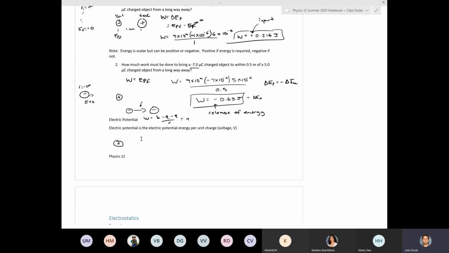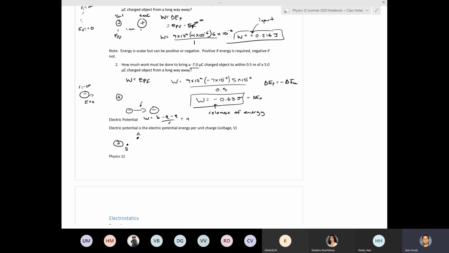So if you took a point in space, like this point right here, we'll call this A, versus this point right here, B, you can automatically say, okay, which point is going to have more energy associated with it?